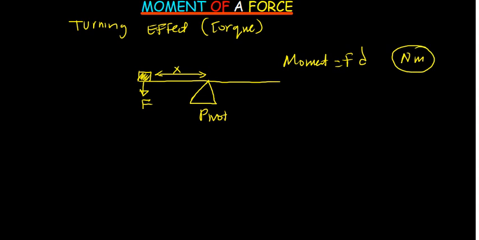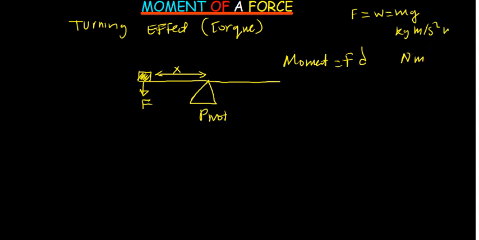The other thing that you need to know is that force is also given as what? Force is the same as weight, and weight is given by mass times gravity. So you might find that the unit is also in mass. We know that mass is given in kg, gravity is given in meter per second squared. So force gives us a newton, and the newton is the same as kg meter per second squared, and then multiplied by this meter again.